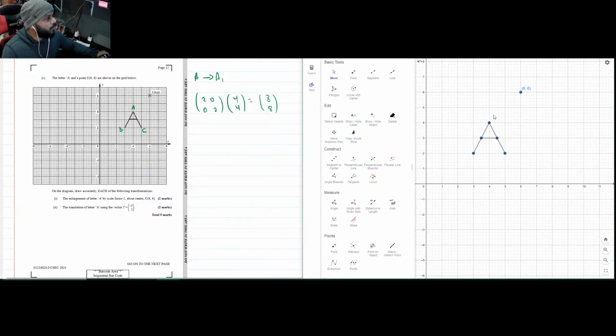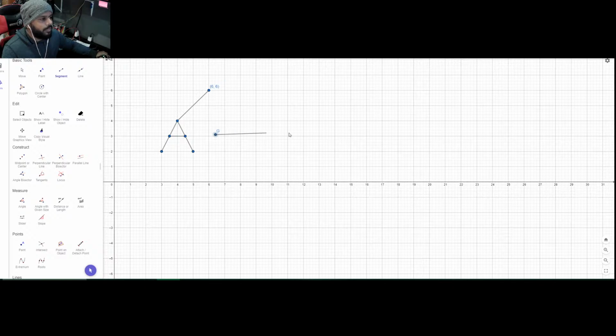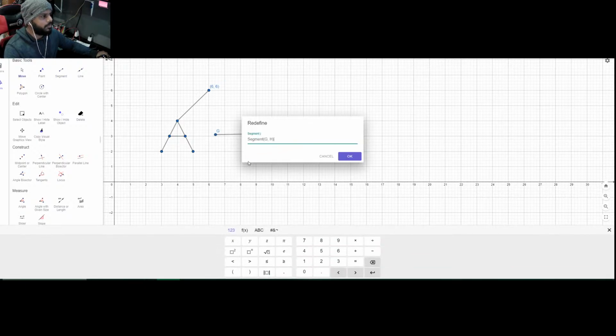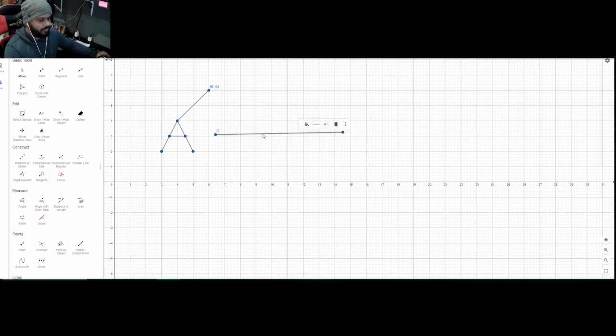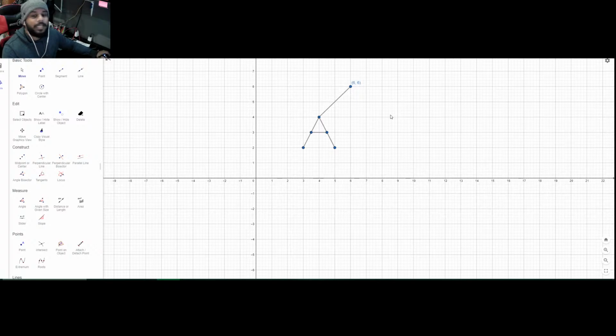So we draw the distance here, measure the distance, and we get the distance. Now we know the scale factor is 2. That means that from the center of enlargement to the image point, it will be double the distance of the center of enlargement to the object point.